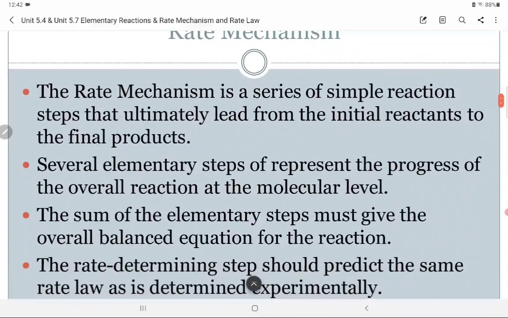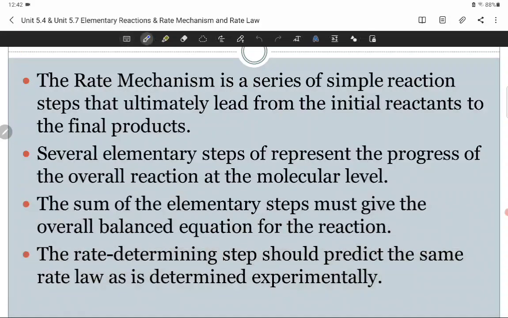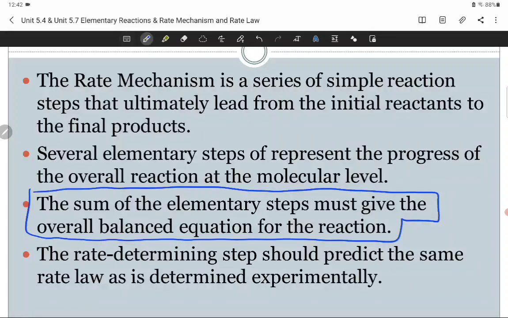Okay, so definition of rate mechanism: a series of simpler reactions that ultimately give us the chemical reaction that we think is taking place. A couple of things to keep in mind: if you add up all of the elementary steps with the reactants and products, it gives you the overall balanced chemical equation. And we've talked about those balanced chemical equations many times in earlier sections, in earlier units also.